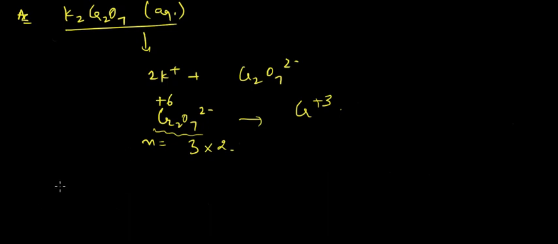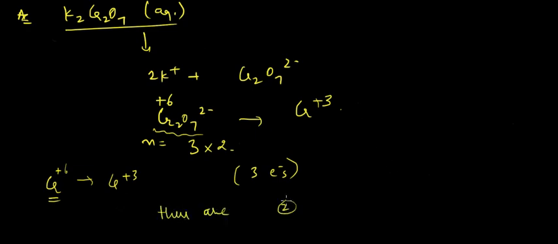If you look at it, one Cr atom is going from Cr +6 state to Cr +3 state, hence the total number of electrons gained by one Cr would be 3 electrons, and here in Cr2O7 there are 2 moles or atoms of Cr, hence the total moles of electrons gained by 2 moles of Cr from +6 to +3 would be 3 into 2 or 6 electrons.